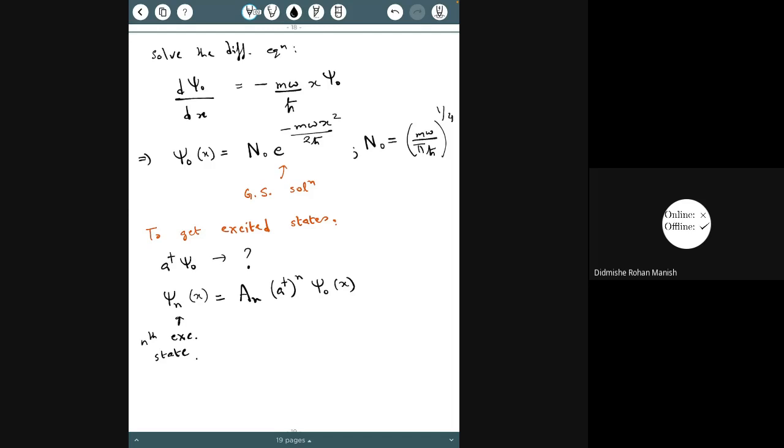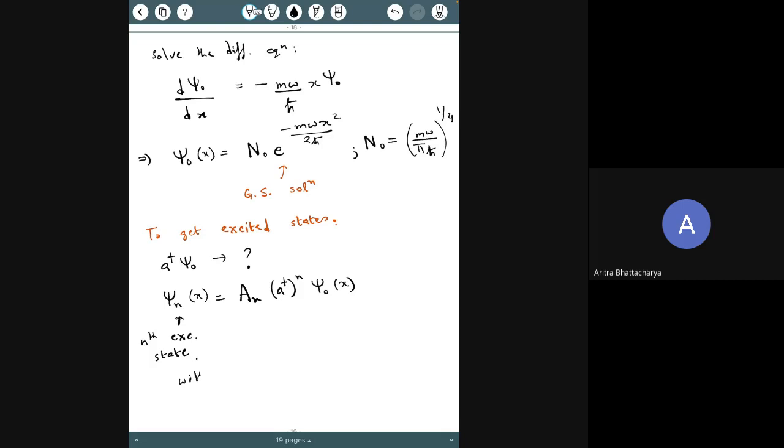So the x range looks like this, right? So this is V of x, and the x extent goes from minus infinity to plus infinity. Okay, but I'll erase it here in case you get confused.